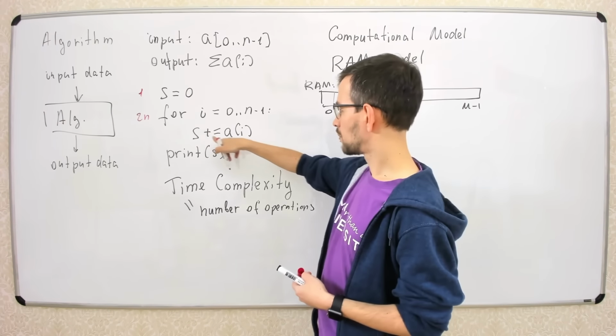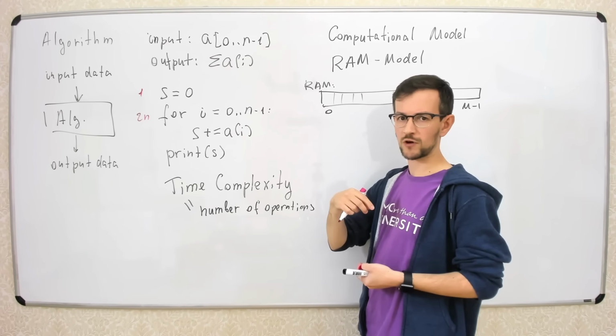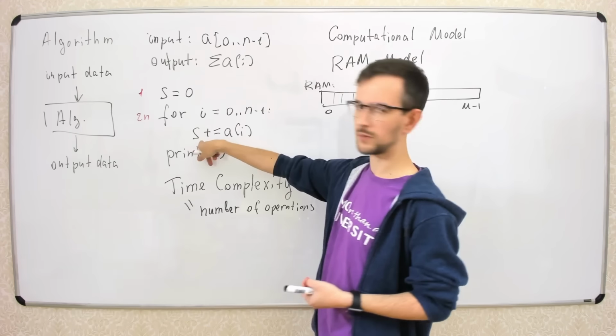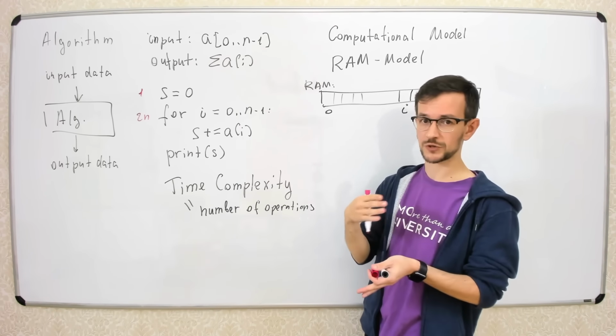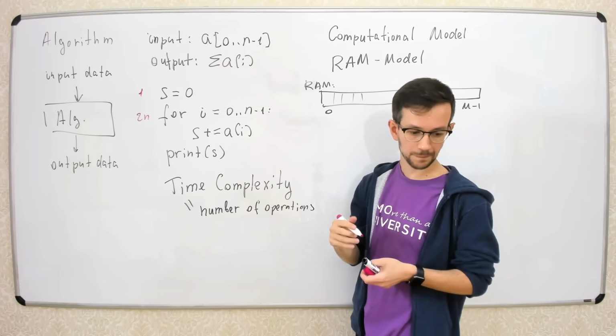Here we have some plus equal. It means we need to load this element from the array, then calculate this sum, and then put this sum into variable s. So let's say we have 3 operations per cycle. On each iteration, we spend 3 operations here.